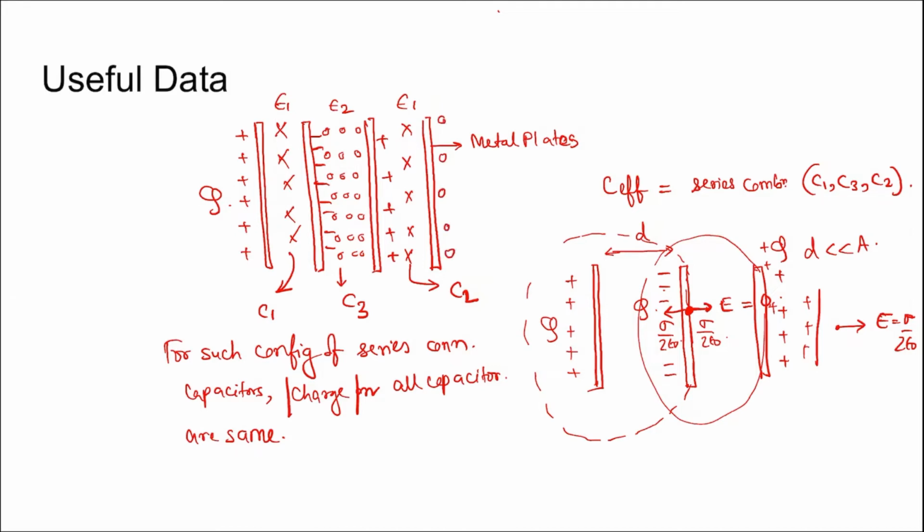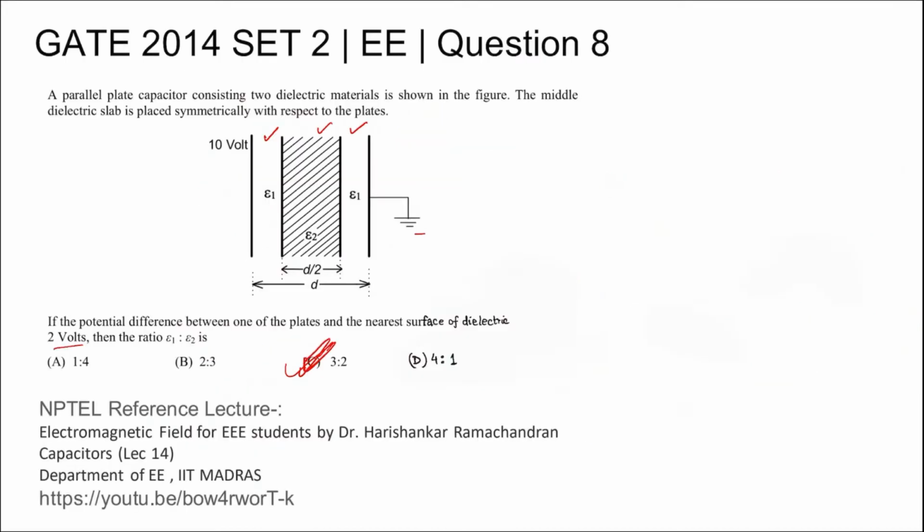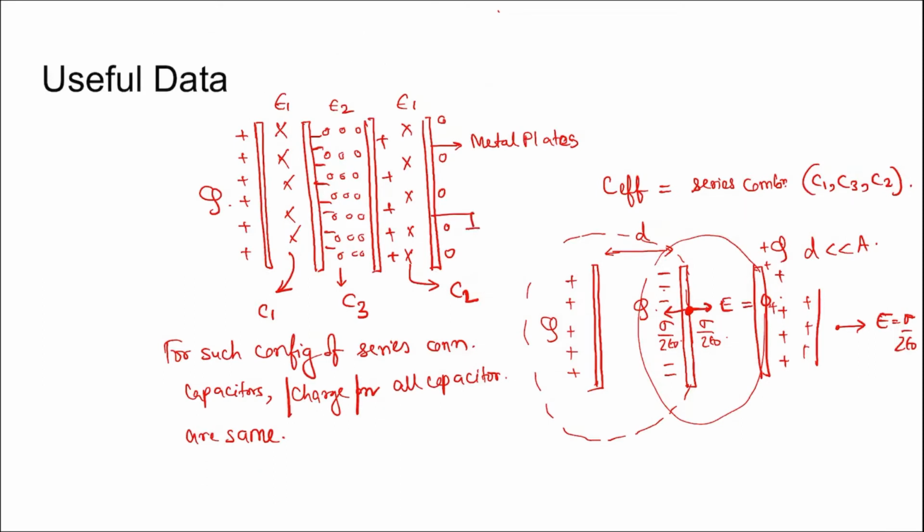So this is plus and this is 0, because in the problem it is given that this is grounded.